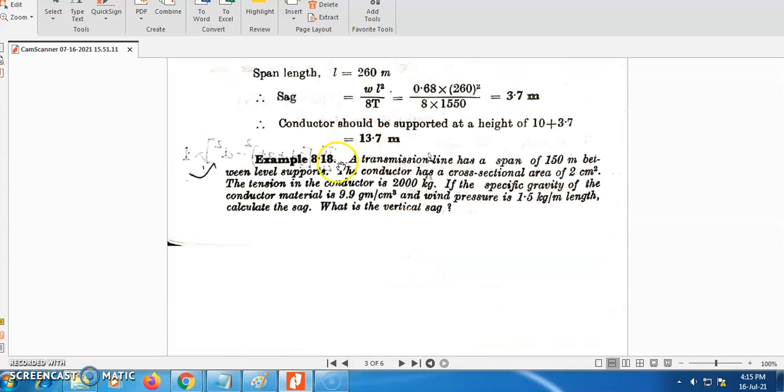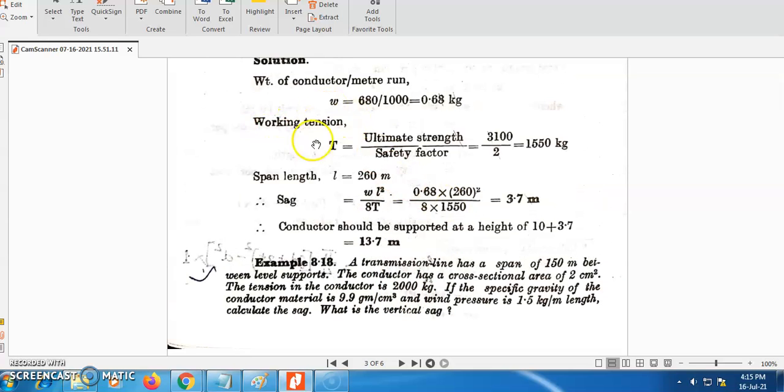The next example is a transmission line that has a span of 150 meters between level supports. The conductor has a cross-sectional area of 2 centimeter square. The tension in the conductor is 2000 kg. Tension means this working tension is 2000 kg.